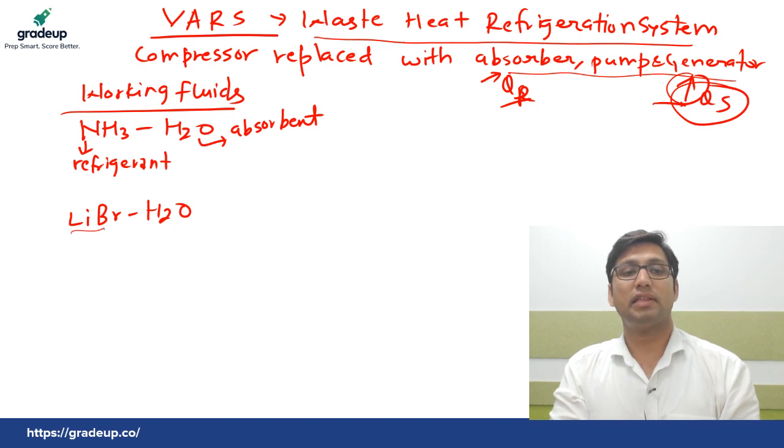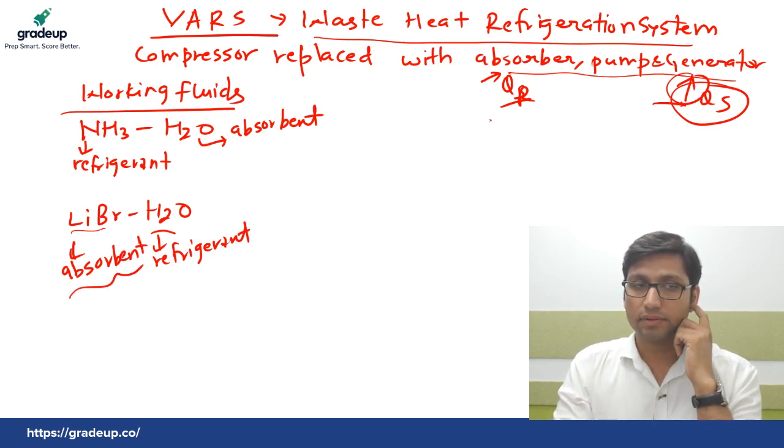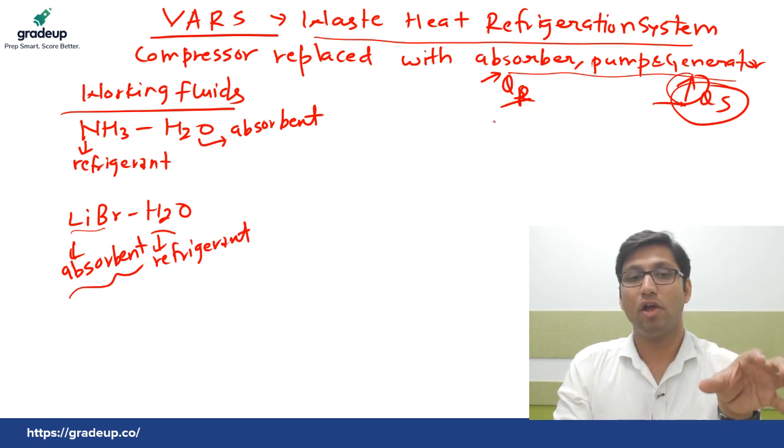In the case of lithium bromide and water, water will act as the refrigerant and lithium bromide will act as an absorbent. It will absorb the refrigerant vapor. Okay, so these are the two working fluids which are used.